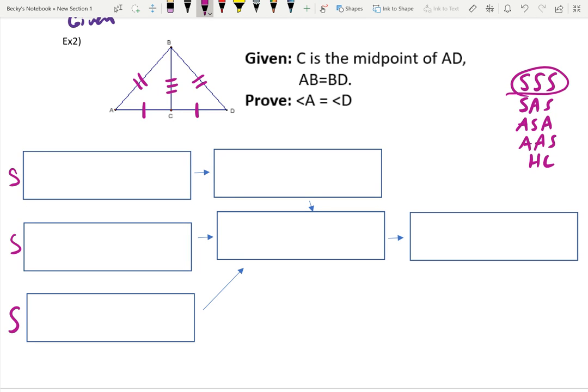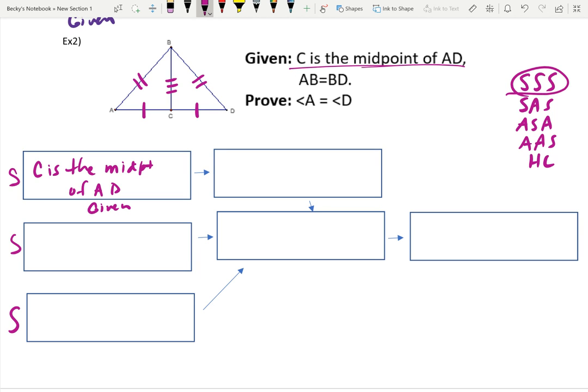Now, technically, you can put these in any order that you want, since they were all sides. Since I pre-drew the boxes out, I know that we need to put the first given here in the first box. C is the midpoint of AD.